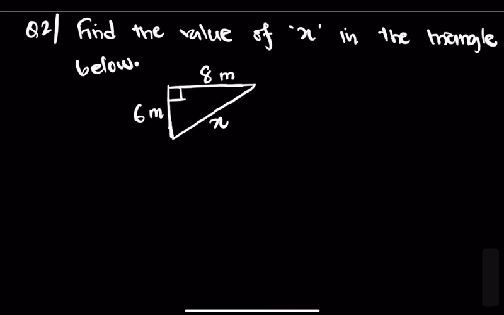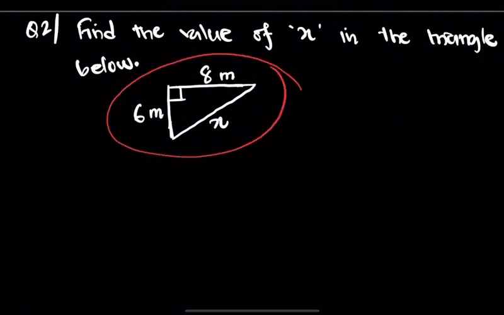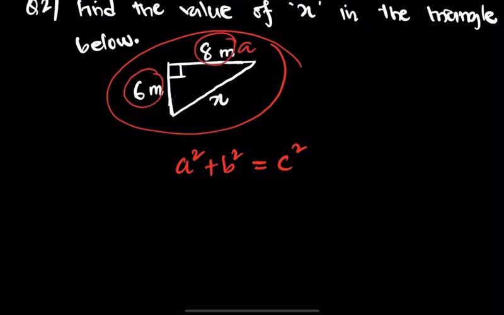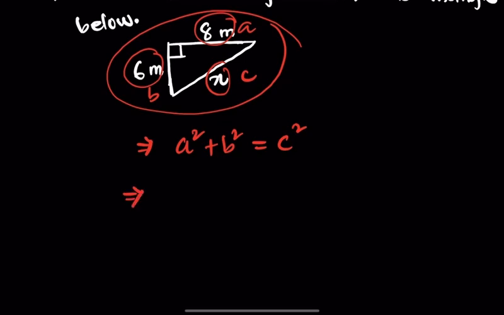Now let's see this problem. Find the value of x in the triangle below. Since this is a right triangle, therefore a squared plus b squared should be equal to c squared. So let this be a, let this be b, and let this be c. So now let's substitute everything.